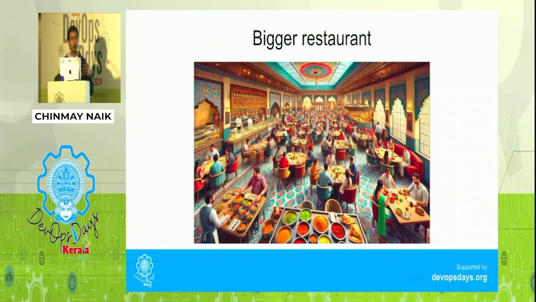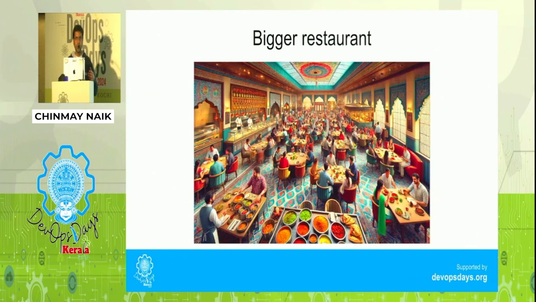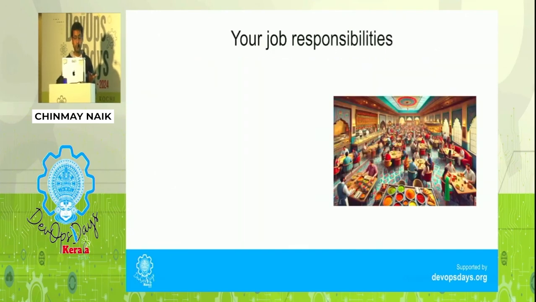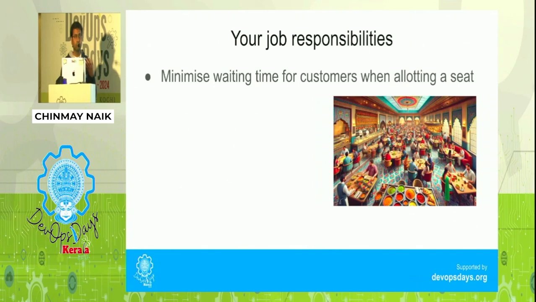But what if the restaurant goes big and you are now going to manage this big of a restaurant, right? What could the responsibilities of that job be? Well, you would have to not only ensure that people are seated in their respective seats, but also make sure that you minimize the waiting time. For example, you don't want people waiting a long time to be seated, because otherwise they'll just go.